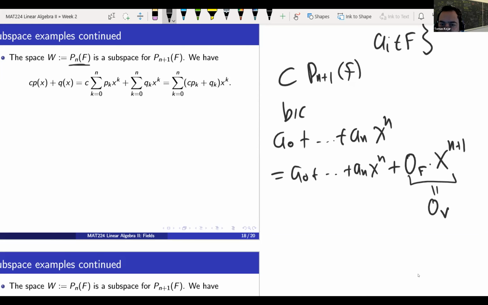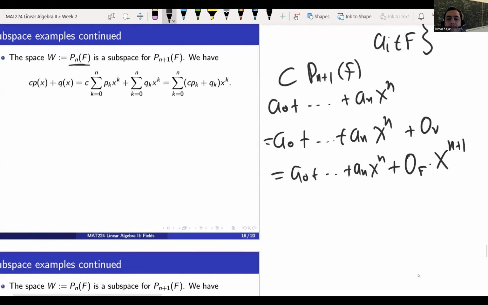I should add a middle step maybe. Let me do it like this. So this is 0v, and then this is your guy: a0, through an x^n. So we start with this element of Pn(F), then we add the 0 element of the space, because we know that Pn+1 is a vector space.